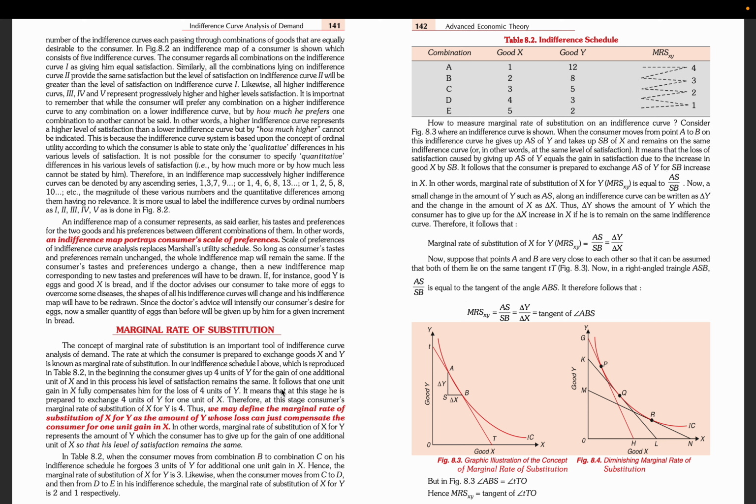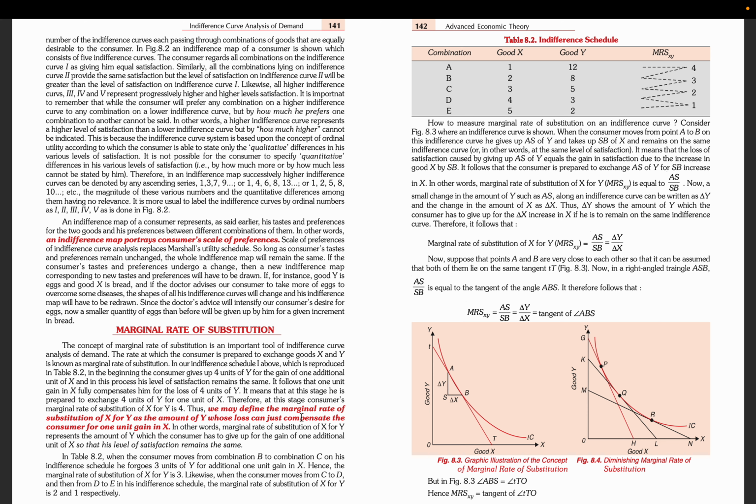It follows that 1 unit gain in X fully compensates him for the loss of 4 units of Y. It means that at this stage he is prepared to exchange 4 units of Y for 1 unit of X, which can be seen here. So 12 minus 4, 8 for 1 unit of good X. Therefore, at this stage, the consumer's MRS for X and Y is 4.